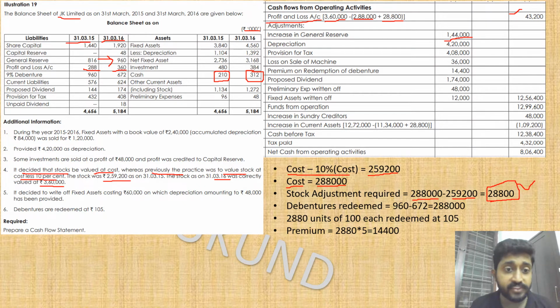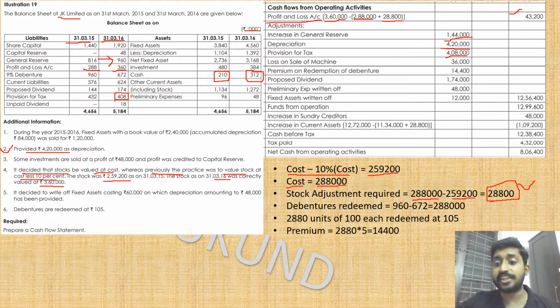Next, depreciation. For the current year, 4,20,000 is provided as depreciation. Depreciation of 4,20,000 is a non-cash expense, so I am adding it to find the cash flow from operation. Next, provision for taxation. In the current year, you have made a provision for 4,08,000.